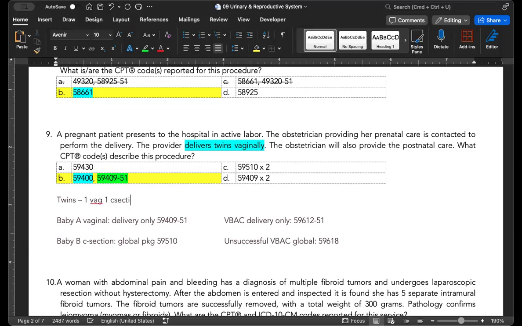So either way, it doesn't matter, because they're both vaginal. It could be baby A or baby B. It doesn't really matter because it's the same method of delivery. The only reason it matters with your vaginal and your C-section is because you've got different methods of delivery here.